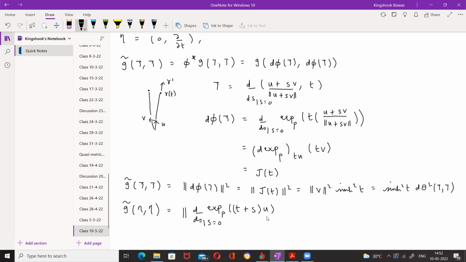Is this clear? Because eta is dds at s equal to 0 of 0, t plus s.